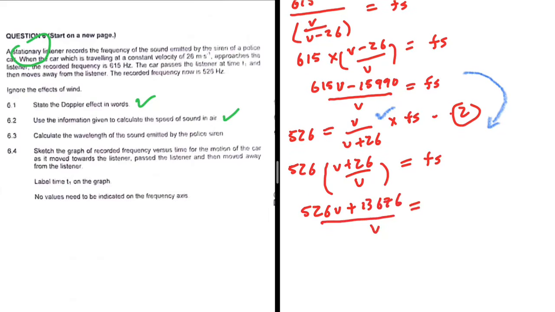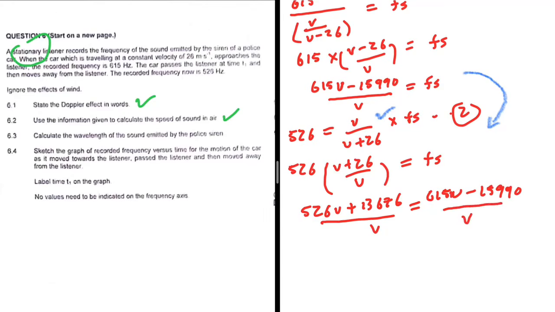Now, in place of Fs, we're going to substitute what we have here: 615V minus 15,990, everything divided by V.